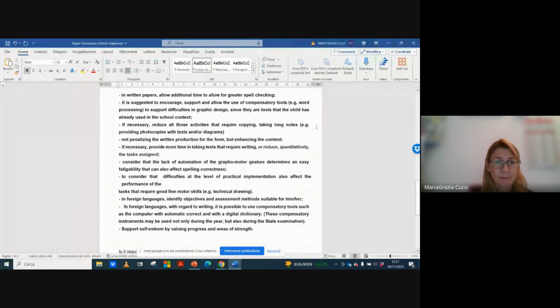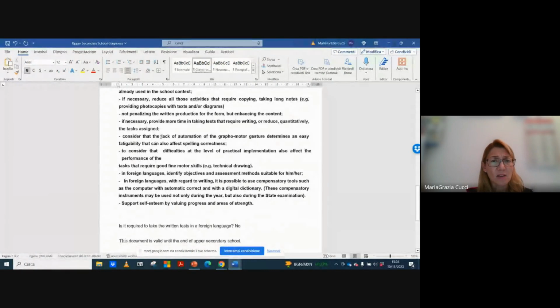If necessary, provide more time in taking tests that require writing or reduce quantitatively the task assigned, as I told you before. Consider that a lack of automation of graphic or motor gesture determines an easy fatigability that can also affect spelling correctness. The difficulty is in writing. After a small period, the student is not able to write anymore.